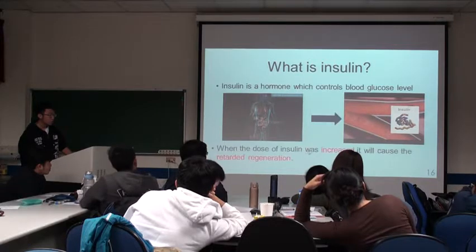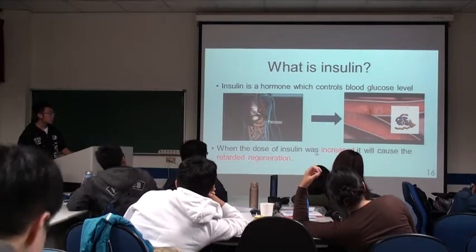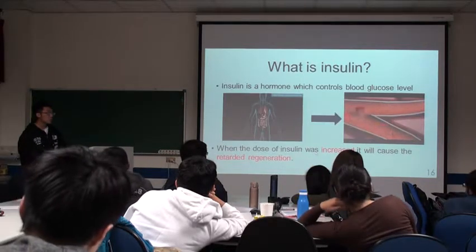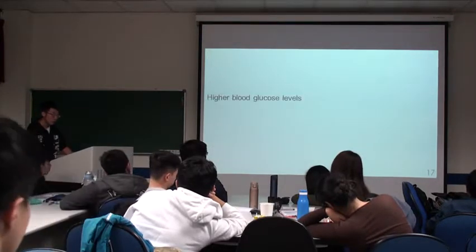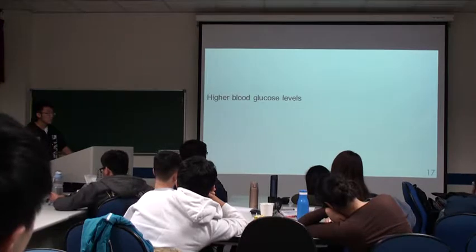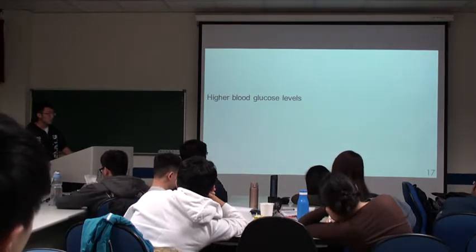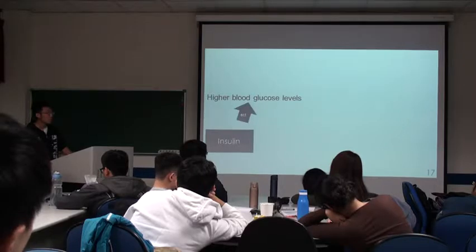And when the dose of insulin is increased, it will cause retarded regeneration. The mechanism of insulin is that when we have a higher blood glucose level, the insulin will be stimulated and act.